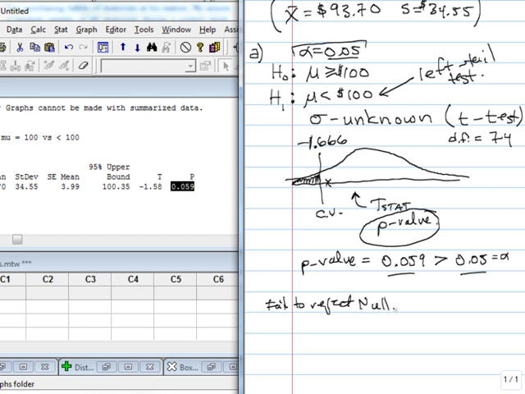Not enough evidence to say that the mean is less than $100.